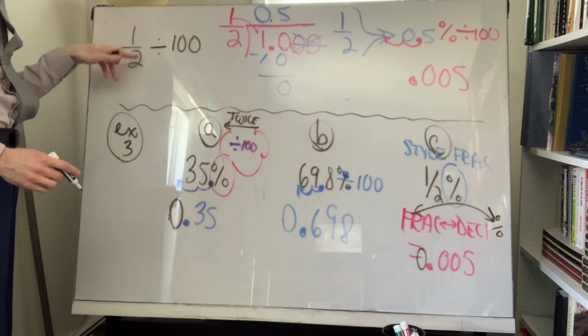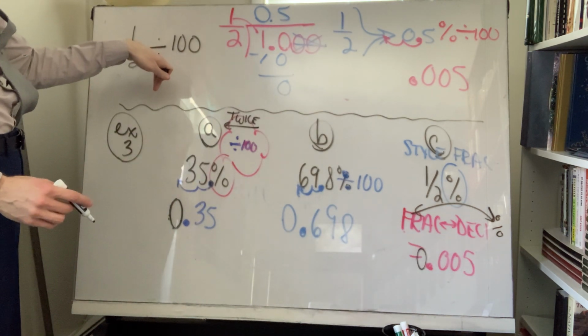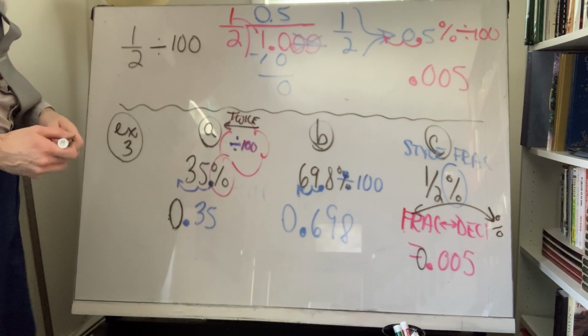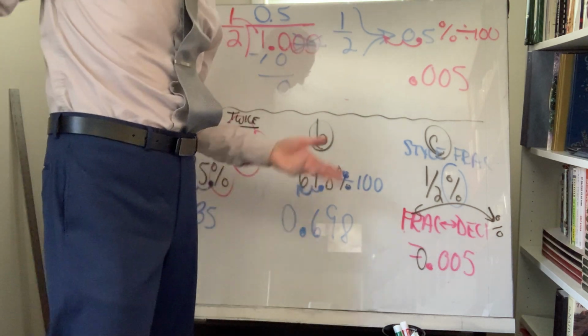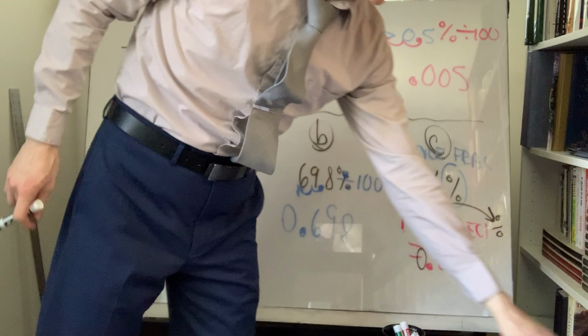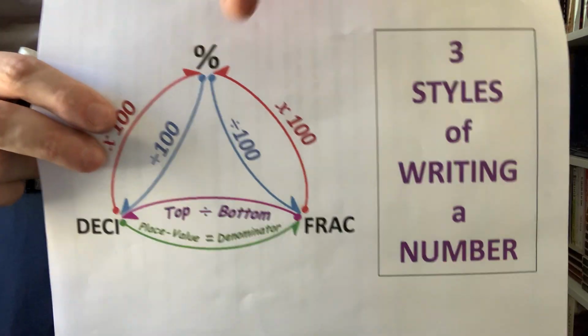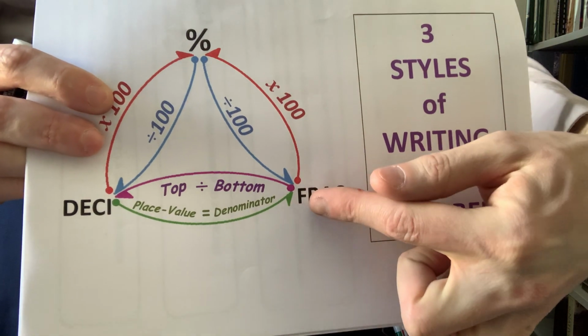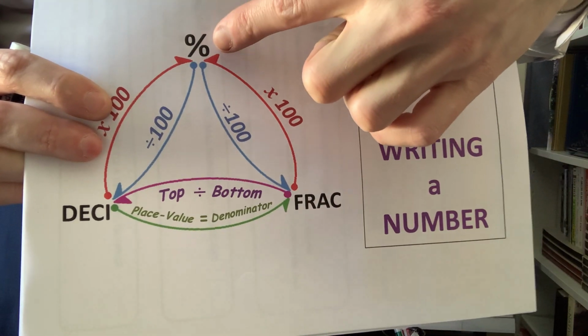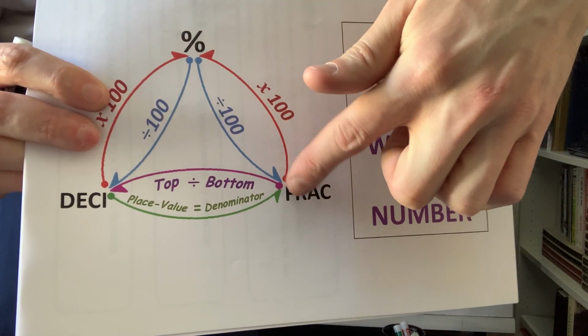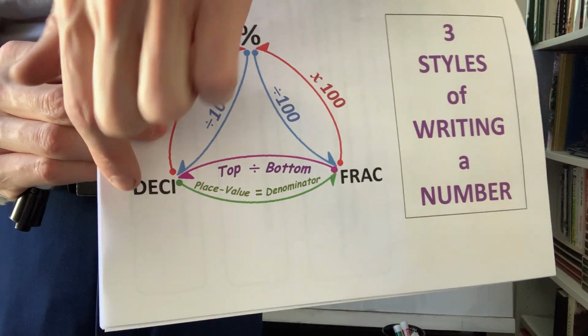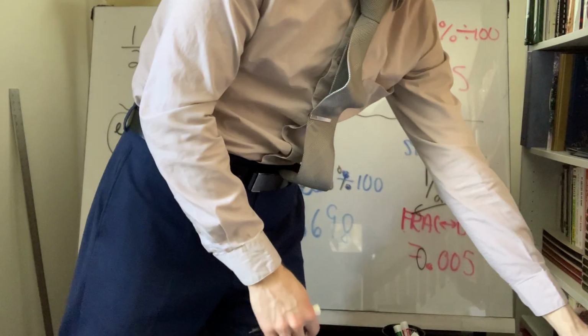You're starting with a percentage, and you're going to divide by 100. Pardon me, I'm double talking here. We are starting with a percentage, and we are going to something that is purely a fraction first. Right? So we are going to divide by 100, and then I will convert it to a decimal. Right? It's kind of a roundabout way of doing it.